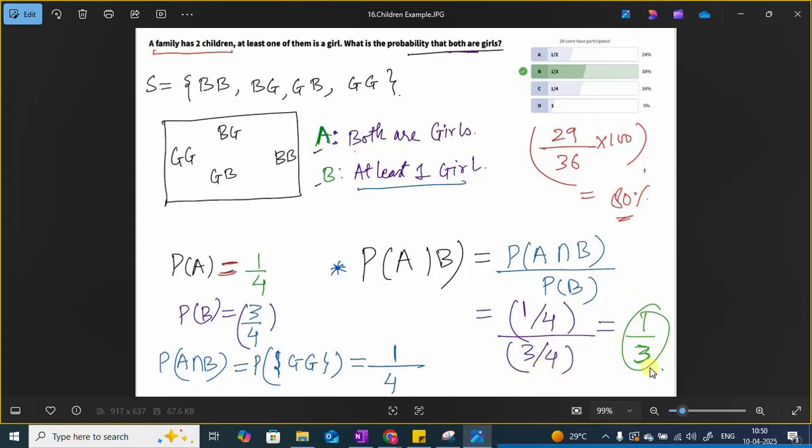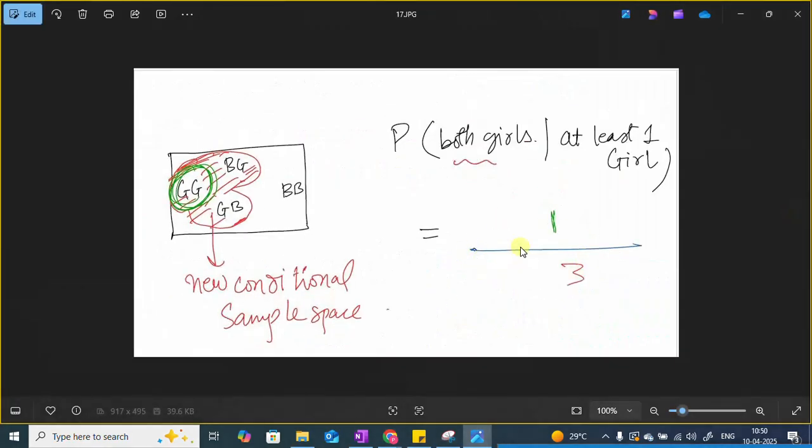That means there is also an alternative way. This was the formula step. I am explaining 1 by 4. Can I use the conditional probability concept directly and find it in one line? Probability of both girls, given at least one girl. Here four possibilities are there: girl-girl, girl-boy, boy-girl, boy-boy.